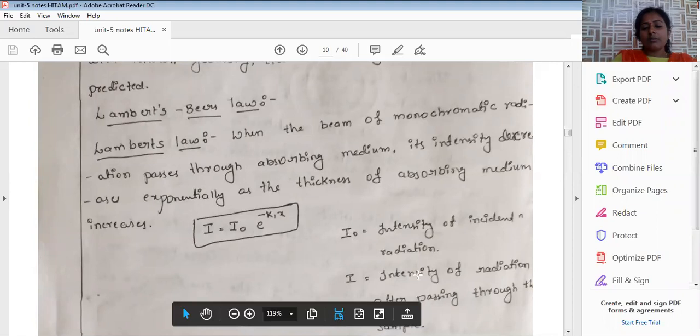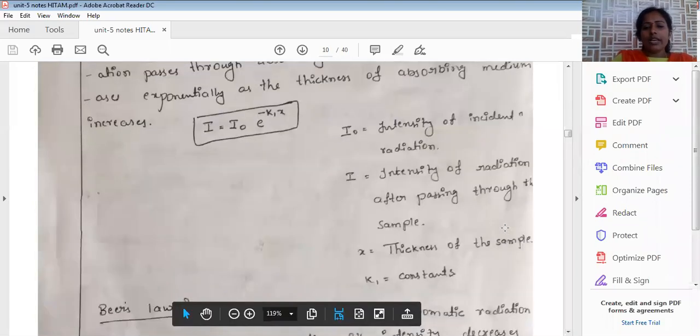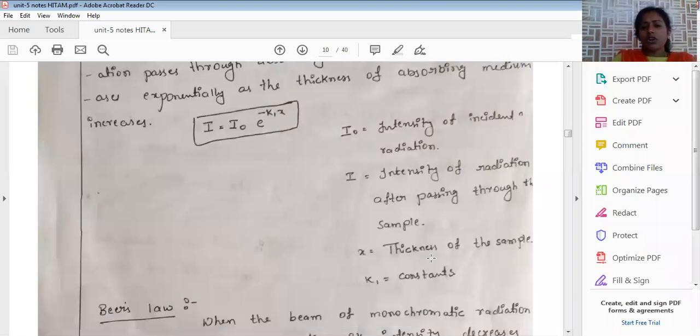I is the light coming out after passing through the sample. x is the thickness of the sample, which is an indirect measure of its concentration. For solids we measure in terms of thickness; if it is liquid, it is measured in terms of concentration.